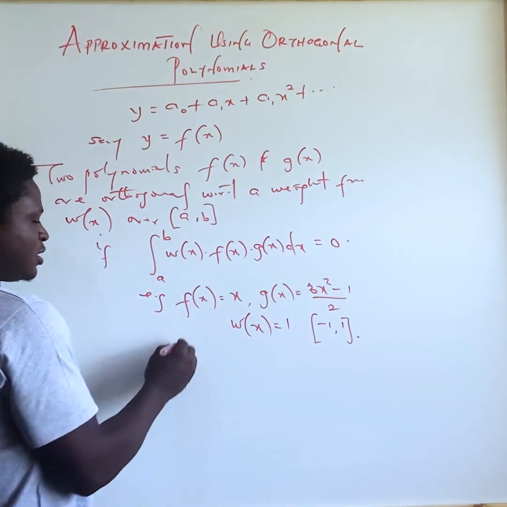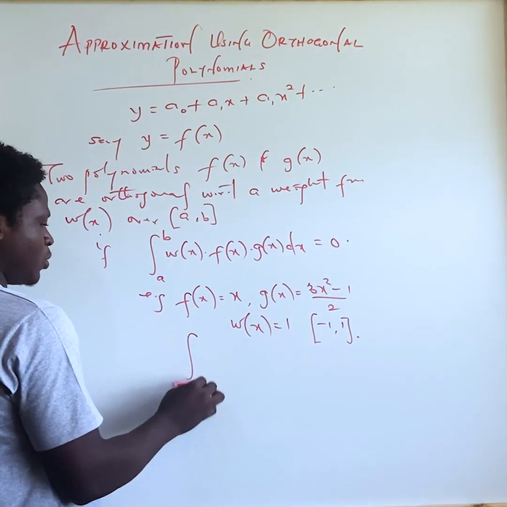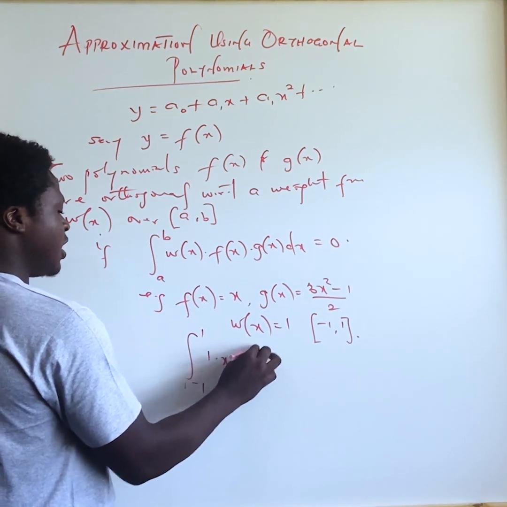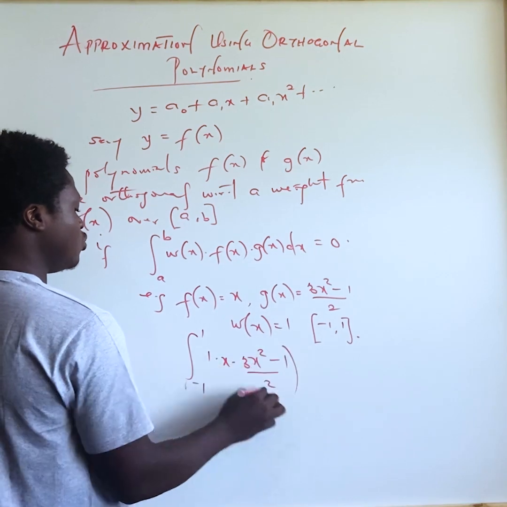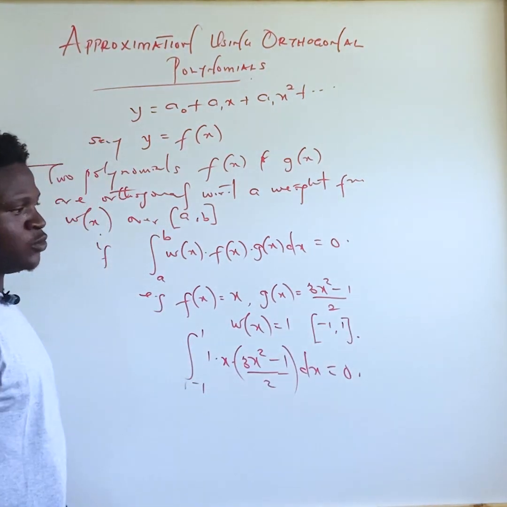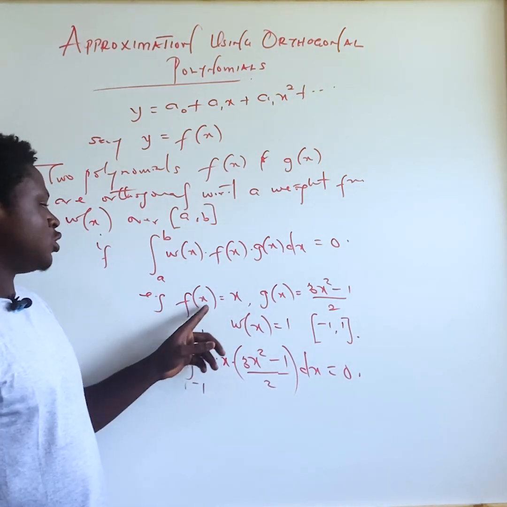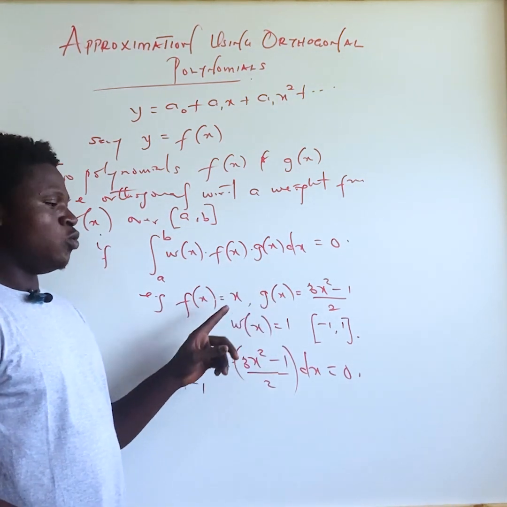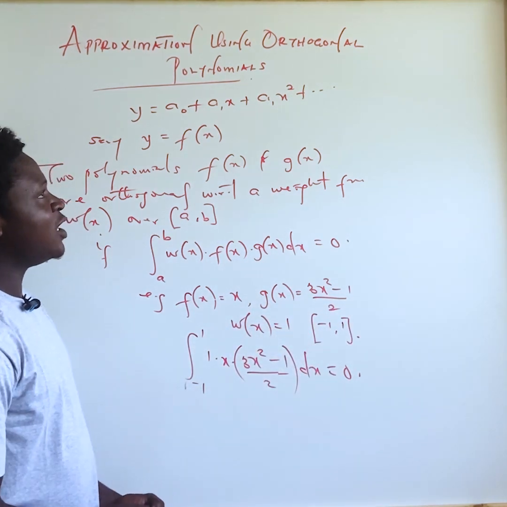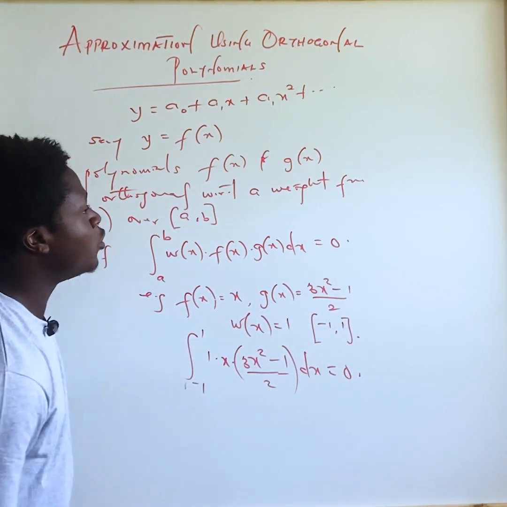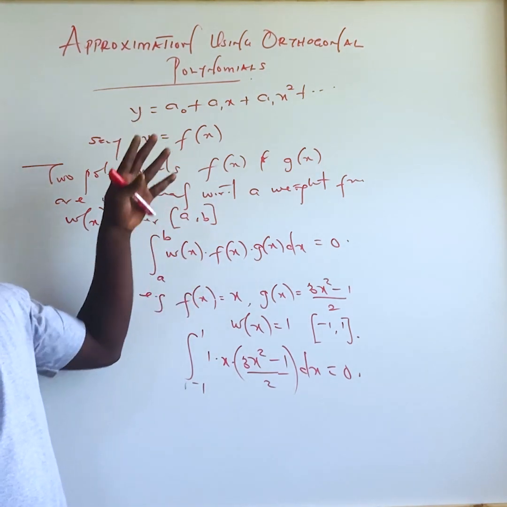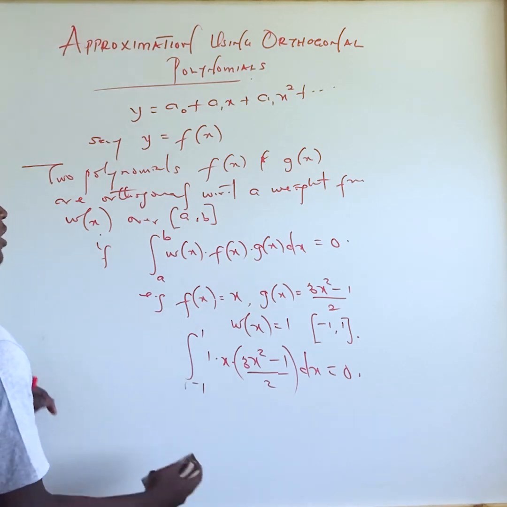Then we can see that if we integrate from minus 1 to 1 of 1 times x times (3x squared minus 1) over 2 dx, we get 0. Since we get 0, we say that these two functions are orthogonal with respect to this weight function over the interval minus 1 comma 1. So if that is clear, we want to approximate our function using polynomials like this.